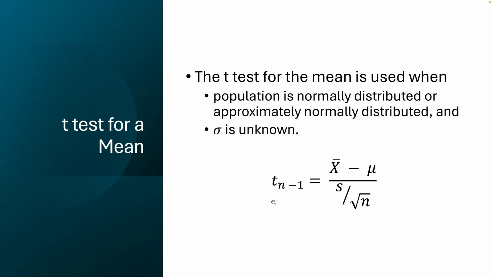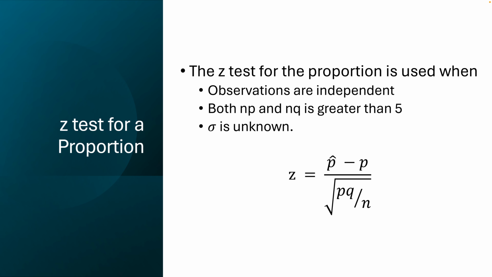We can also perform the z-test for the proportion when we are assured that the observations are independent, and both np and nq, which is the proportion multiplied by the sample size and the complement of the proportion multiplied by the sample size, are greater than or equal to 5, and the sigma is known.